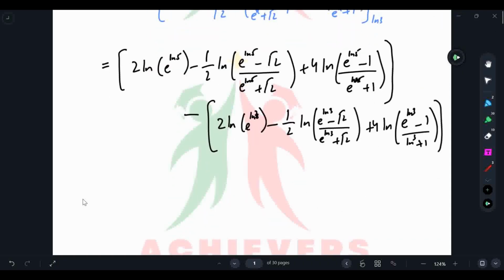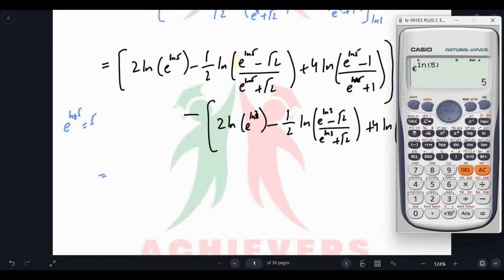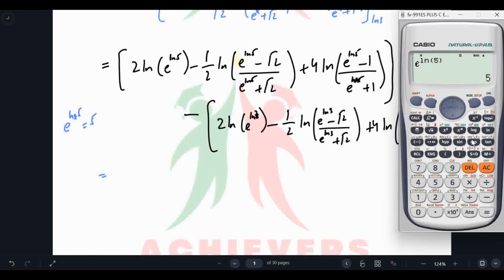So we can directly use the property that when we have e power natural log of 5, we can write it as 5. We can see it in the calculator also. E power natural log of 5 will be equal to 5 because we can cancel out e and natural log.